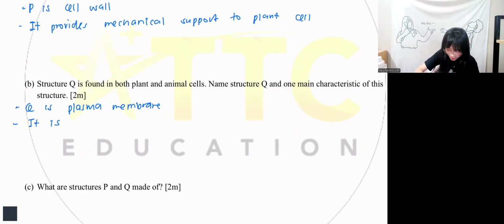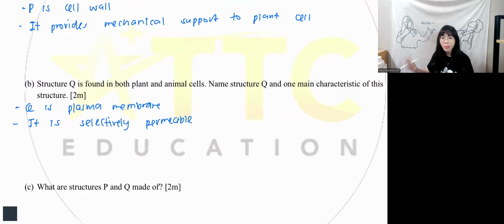It is selectively permeable. We don't write semi-permeable. You can write partially permeable, but selectively permeable is one of the best answers. In chapter 3, we also learn about plasma membrane, and they only want you to write selectively permeable. So writing this answer is enough already.